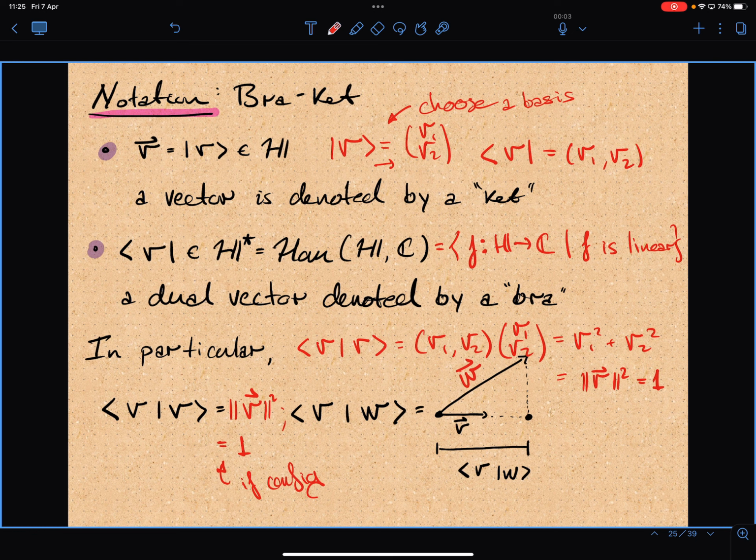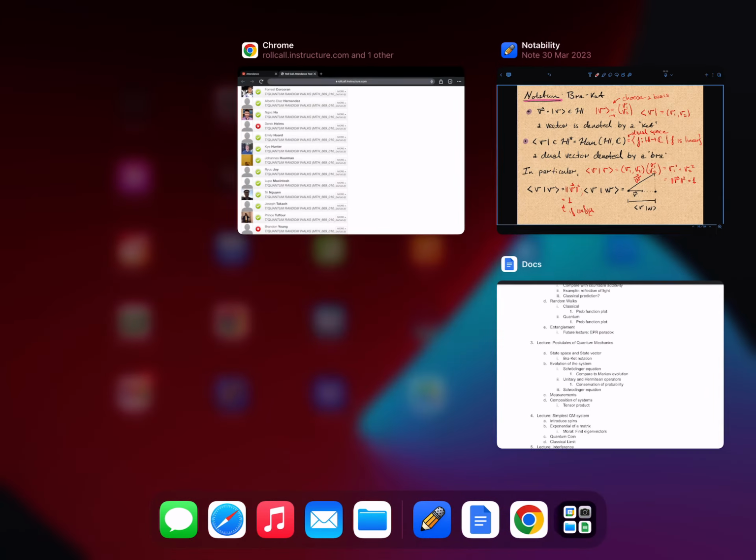I just call it hom, but it's not homological, it's not homomorphism. Homotopic? I know that's another hom word. Yeah, it's hom, dual space.